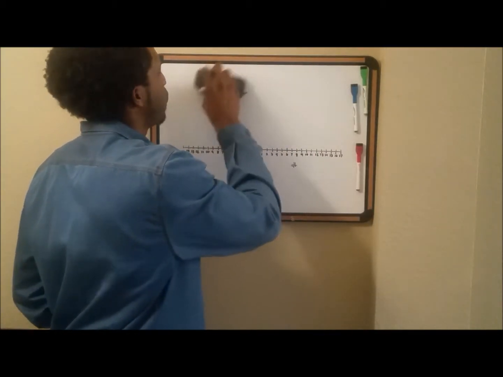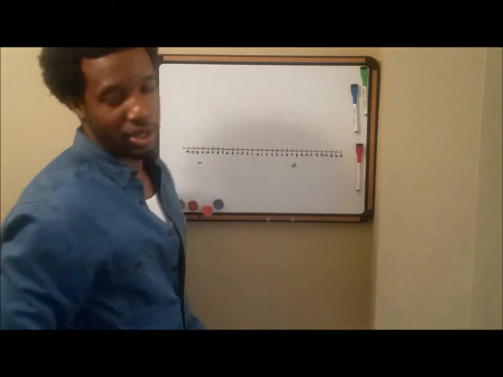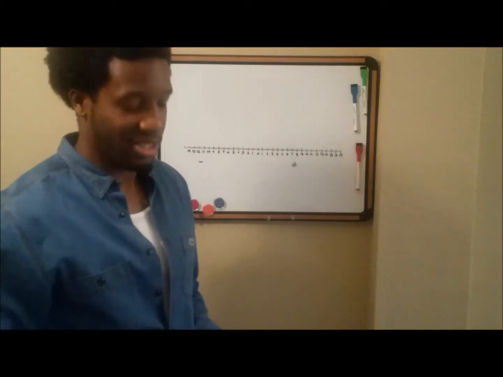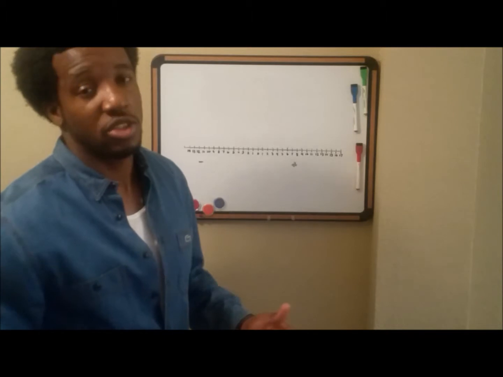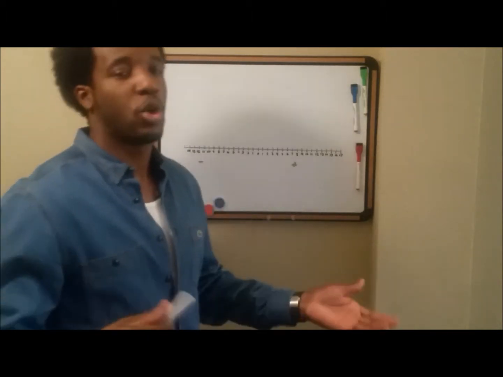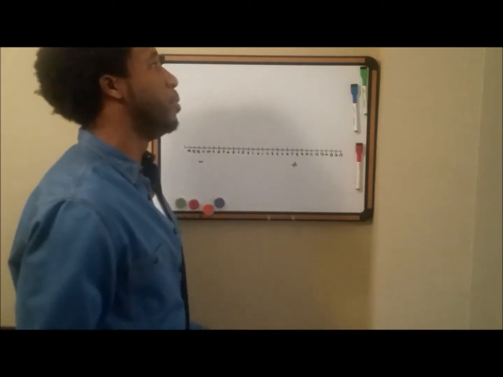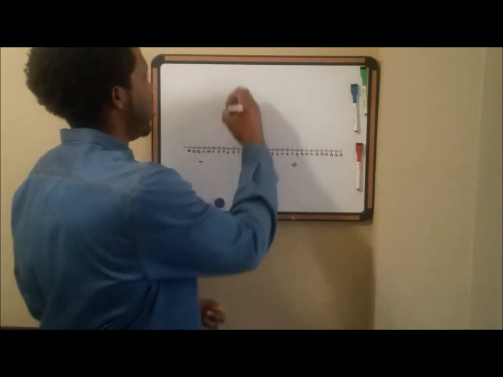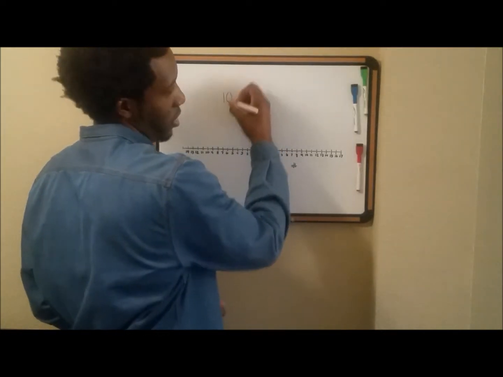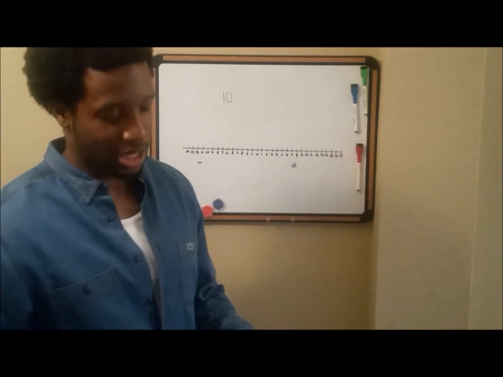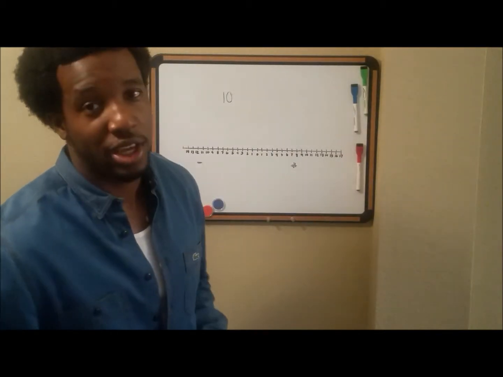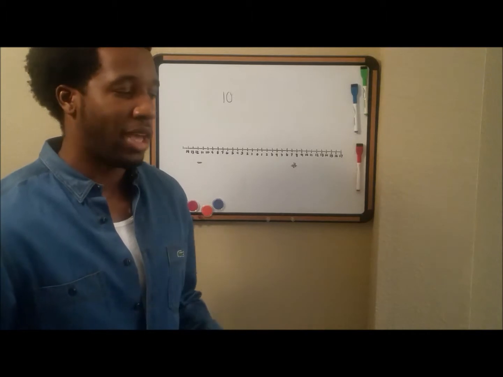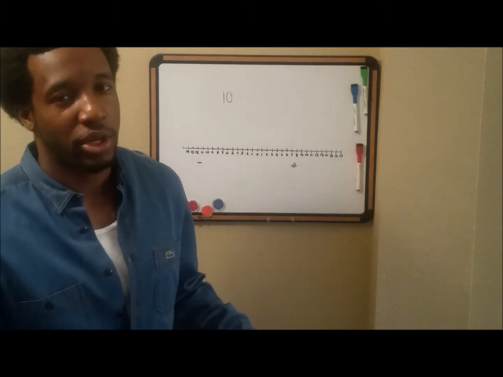So, the reason why you gotta know this and understand this is because this is finance 101. Finance 101, alright? So, let's say somebody has $10 and they want to go on a date, and at the end of the date, the bill is $20.